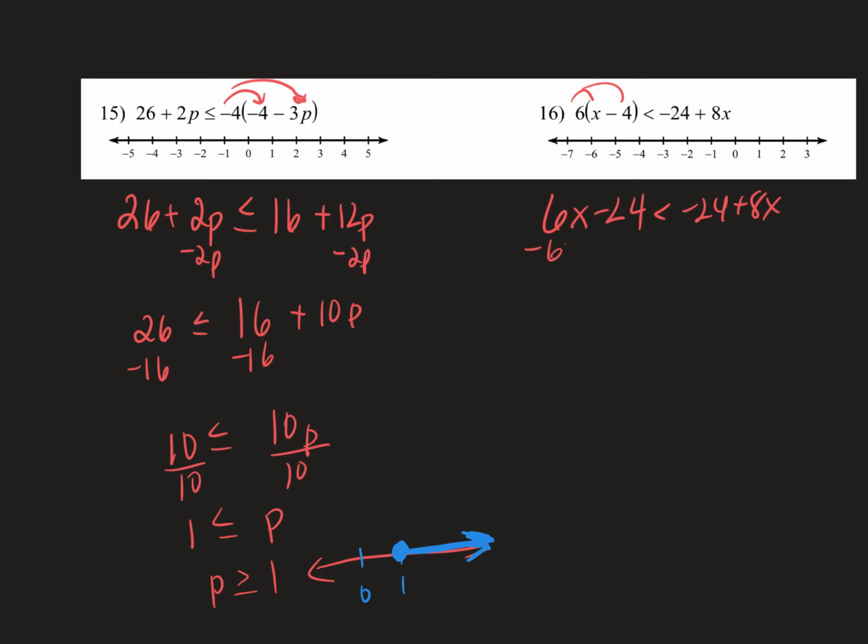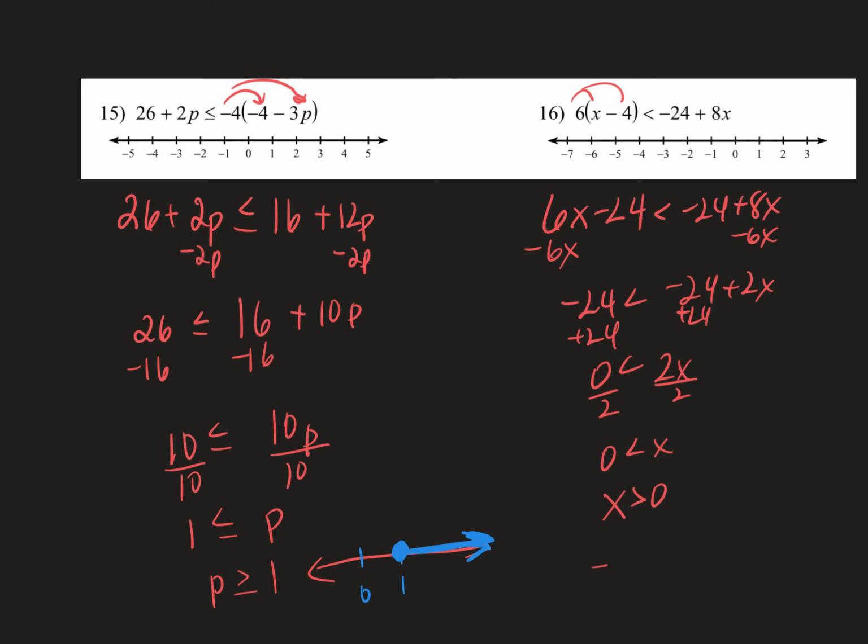I'm going to subtract 6x. So negative 24 is less than negative 24 plus 2x. Add 24. 0 is less than 2x. Divide by 2. 0 is less than x, or x is greater than 0. So 0, open circle, greater than, shade to the right.